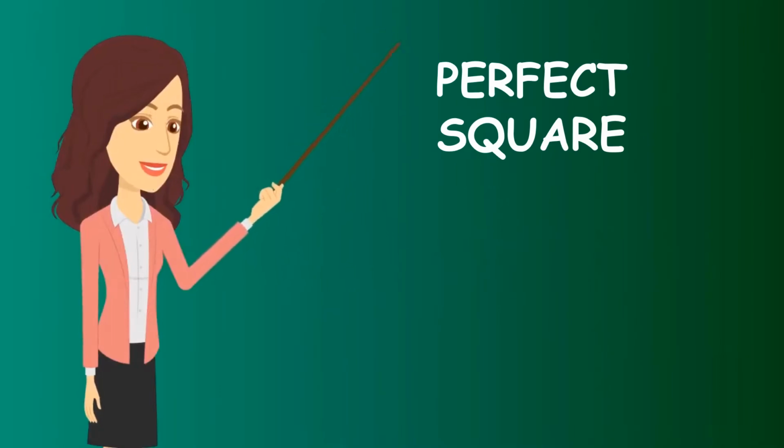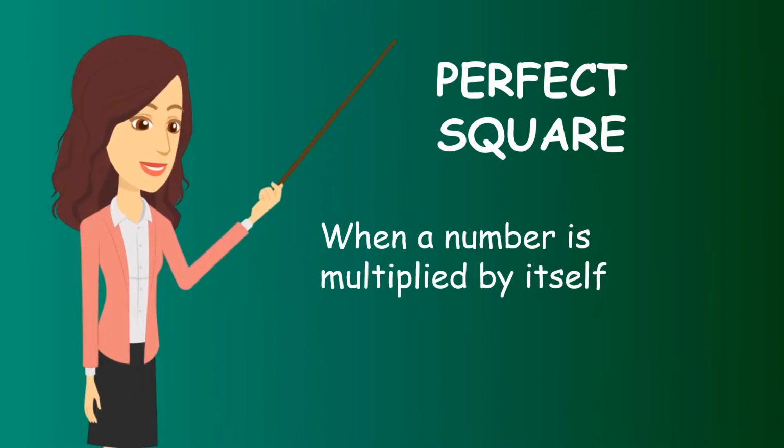We can also use the concept of perfect squares to separate rational from irrational principal roots. When a number is multiplied by itself, the result is a perfect square.